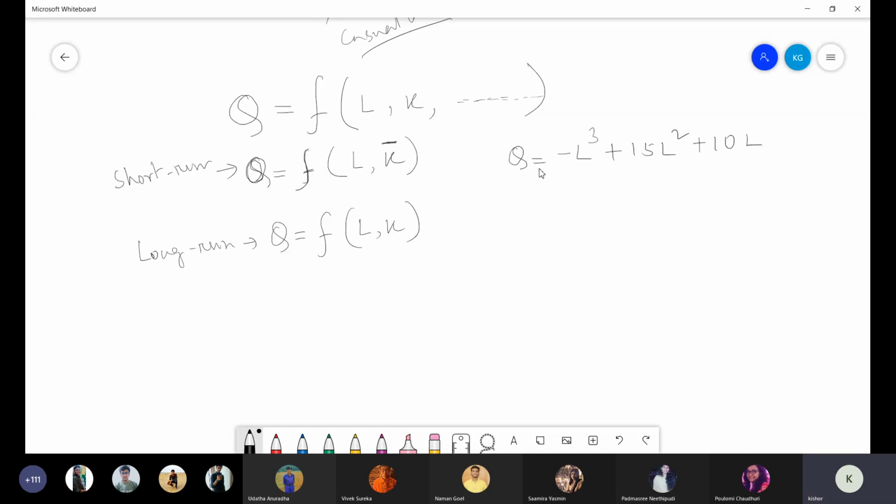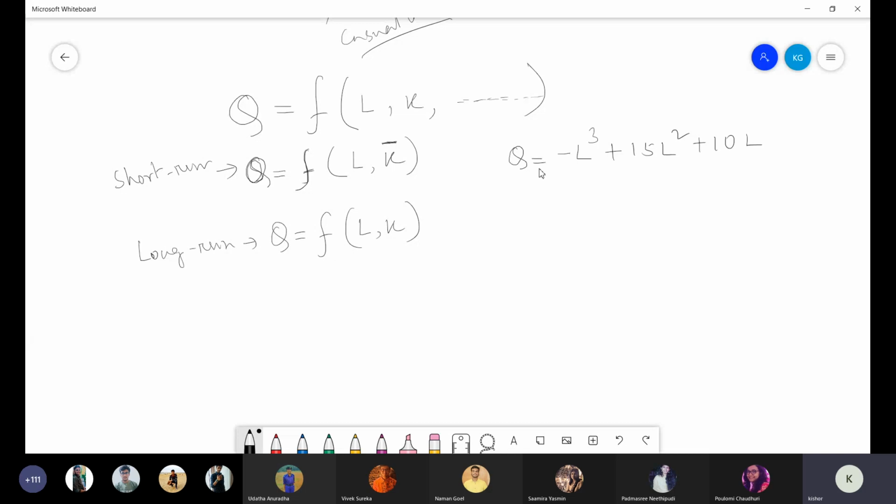You started increasing labor one by one. When you introduce one labor, you may get some value of output. When you introduce 2, 3, 4, 5, in that way you are going on increasing labor. Accordingly, your output will go on increasing. Okay, it will follow a certain particular pattern. I will explain that.